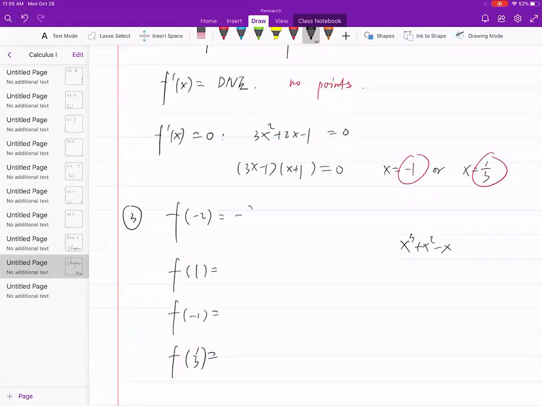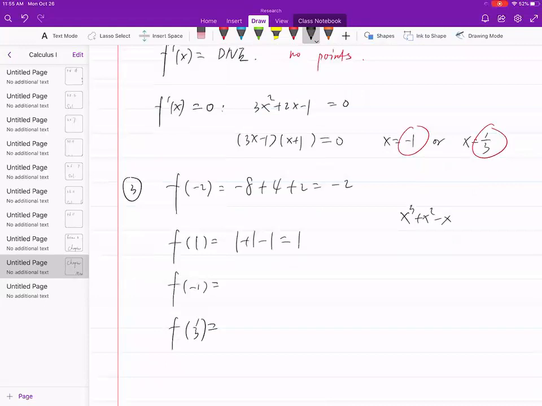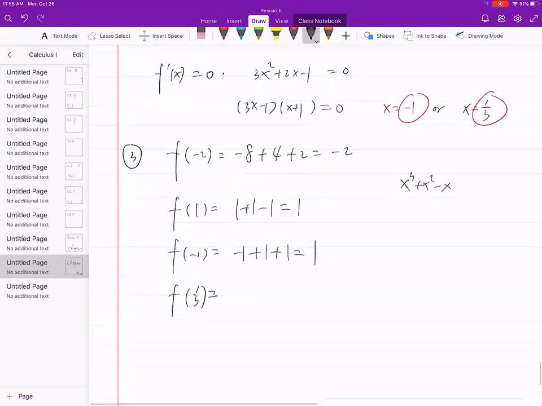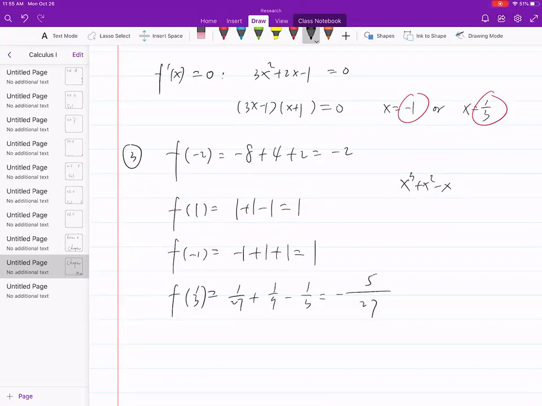So f(-2), f(1), f(-1), and f(1/3). 27, 3, 27, 9, so 1, 3, 9. Okay.